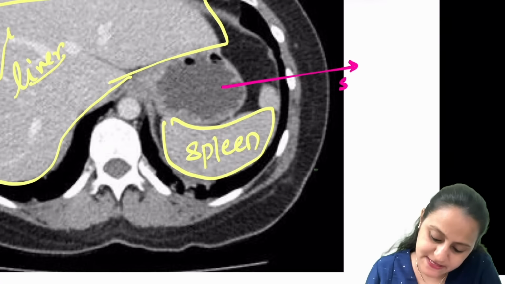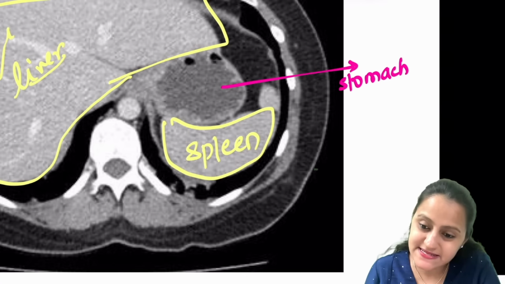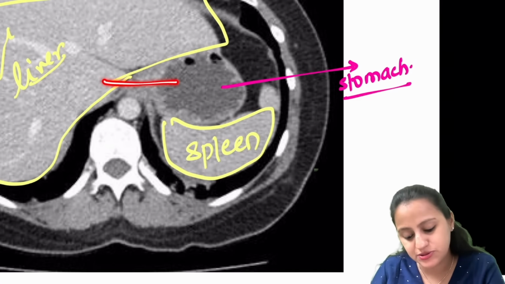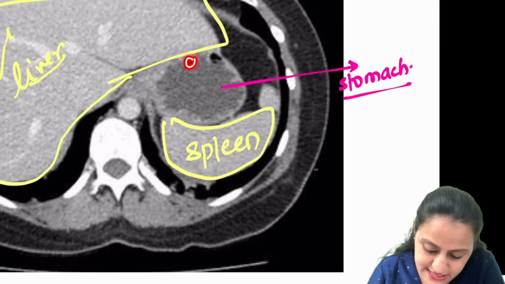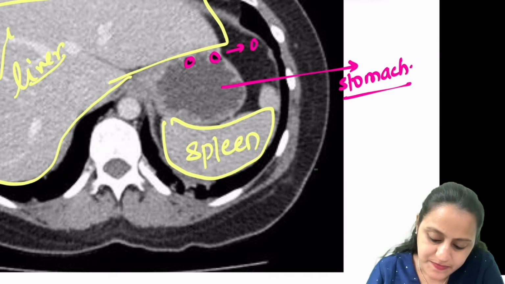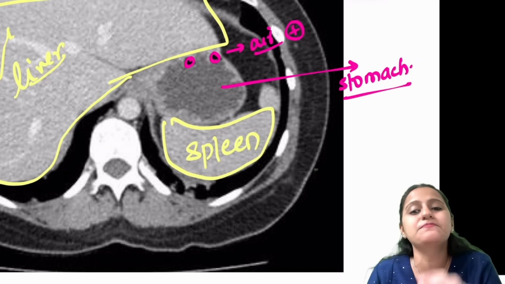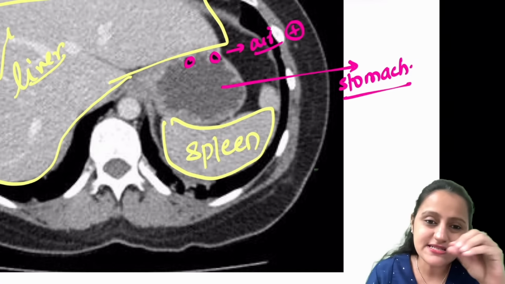Very good. Absolutely right. This is the stomach. Okay. How do I know this is stomach? This is to the left of the liver. And what are these black areas in the stomach that you can see? The jet black areas. These are the air, right? Air will be present in the GIT part, the gut part. So this is the air in the stomach.